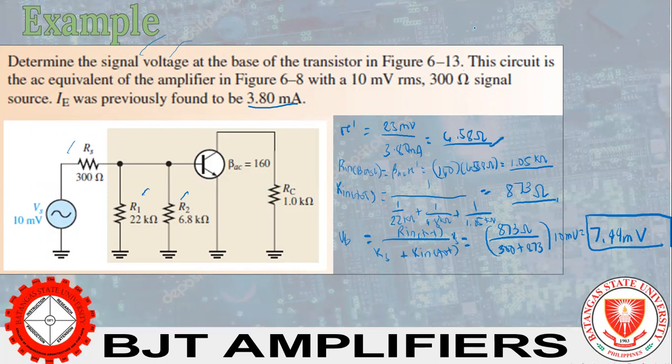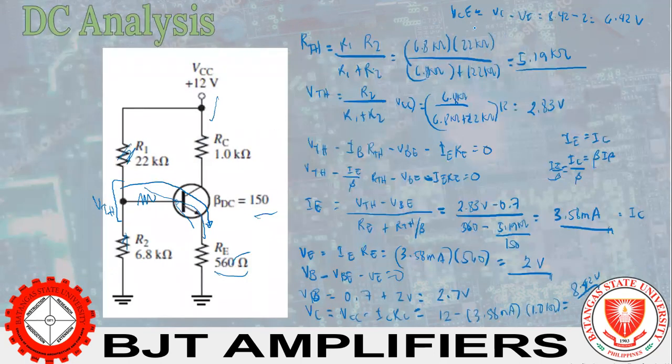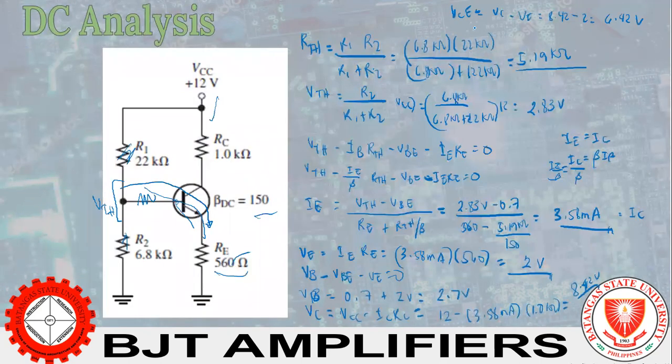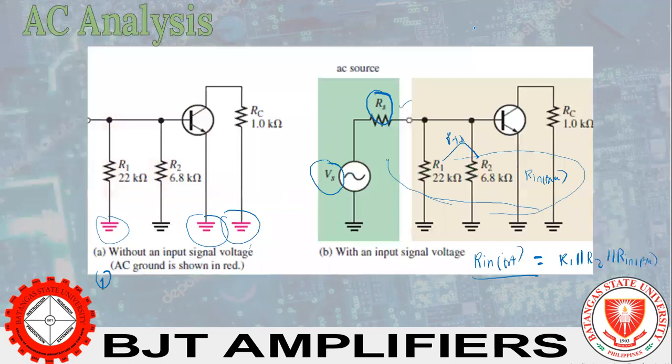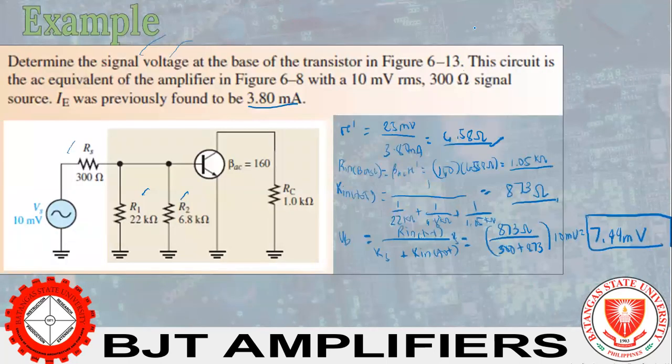And then we have RE natin dito. Ang RE natin dito is 560. Okay? And ang RC natin is 1 kilo. Okay? 560, tapos 6.58 ohms.